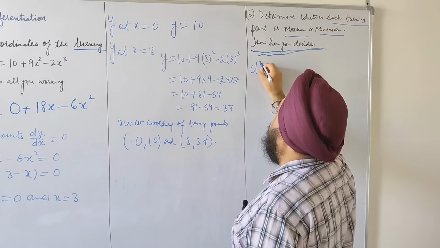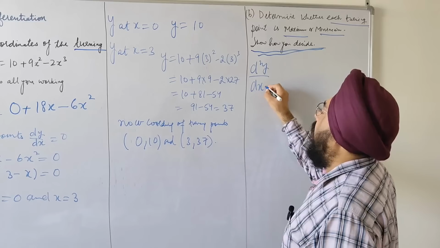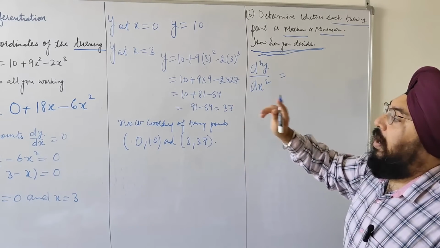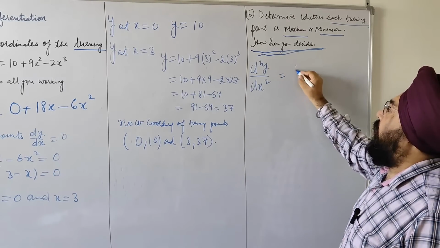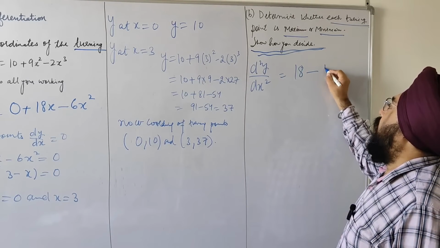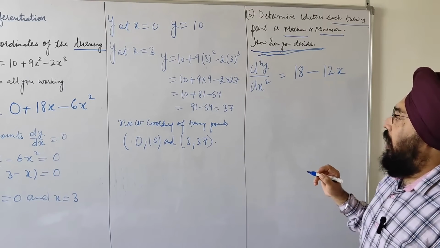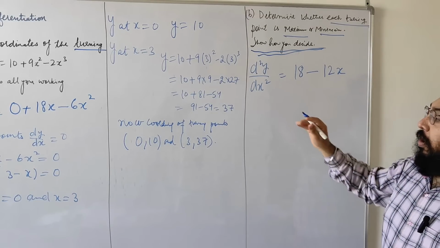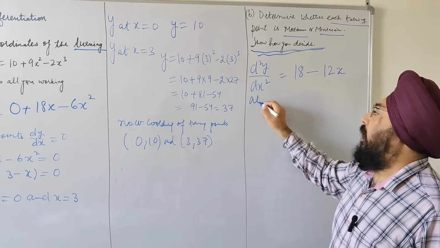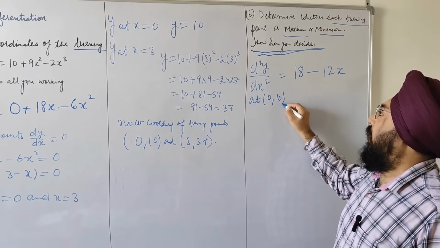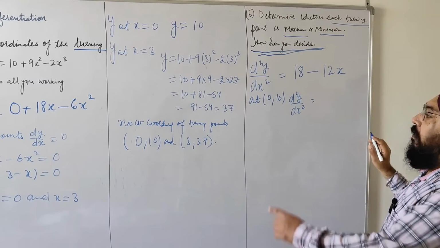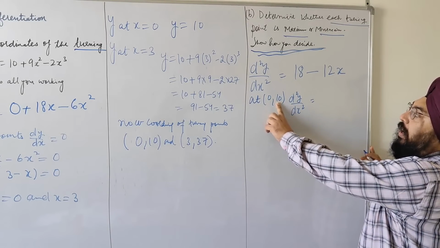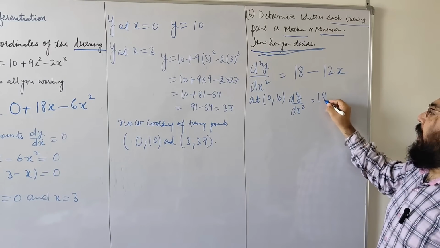Now we will have to find d2y by dx square. Now dy by dx is 18x minus 6x square. So d2y by dx square will be 18 minus 12x. Now we will be putting one turning point first. Now at 0, 10, d2y by dx square will be equal to, now we will be substituting x as 0 and y 10, so it will be 18.